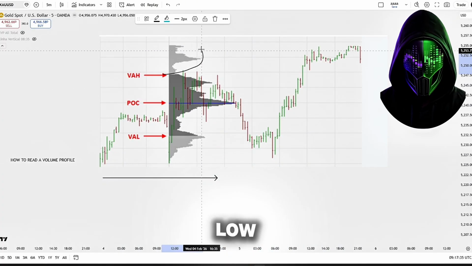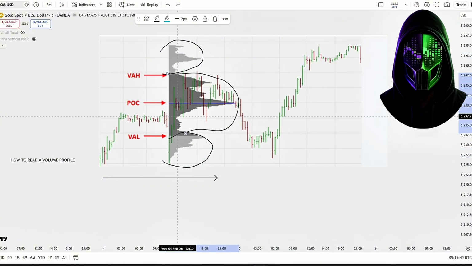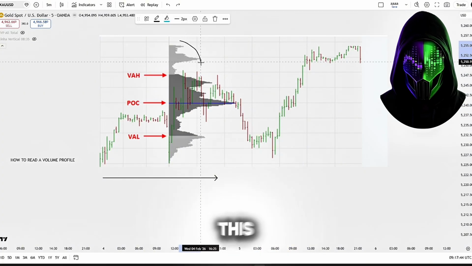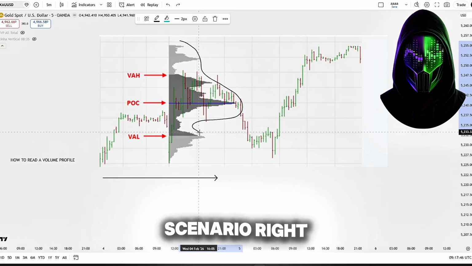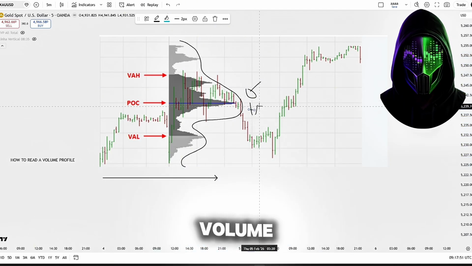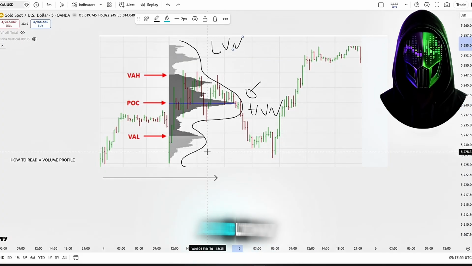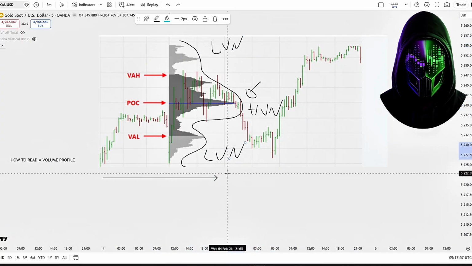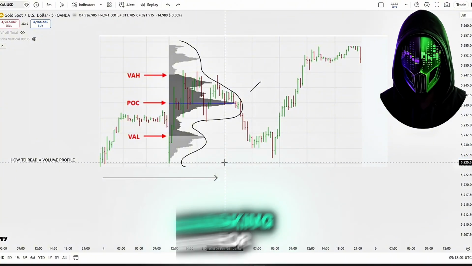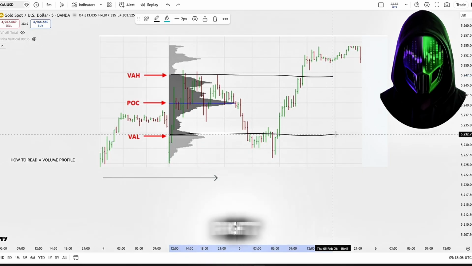You see a lot of low volume here, and a high volume here. This is awkward, but anyway. So you have this kind of scenario right here. Here you have your high volume node, and here you have your low volume node and low volume node, right? So what you can assume looking at this is that players want to negotiate in this area right here.